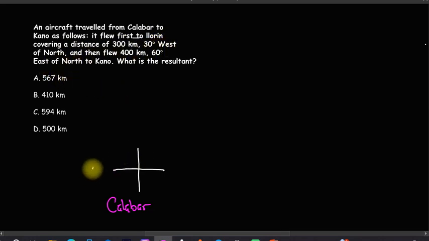Where's our western direction? So this is west, this is north. So we are going 30 degrees west of north. That means coming from the north, 30 degrees. That means our diagram is going to go this way. So I have to adjust it and draw my diagram there.